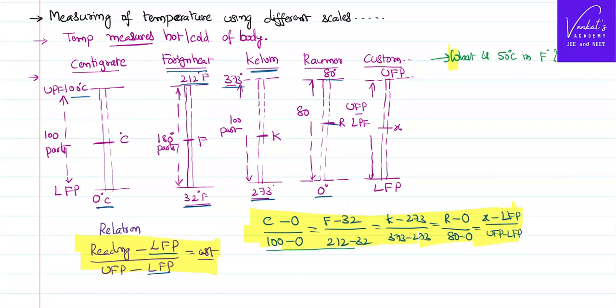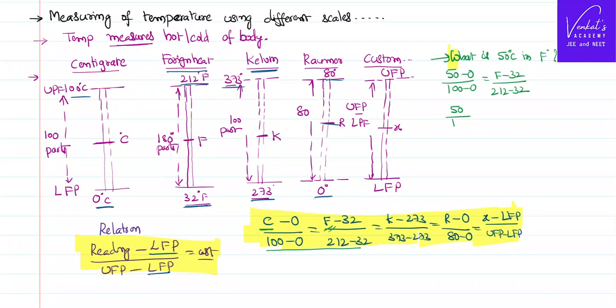So I can simply use these two. C is given for you as 50. So 50 minus 0 by 100 minus 0 equal to F, you have to find out, F minus 32 by 212 minus 32.